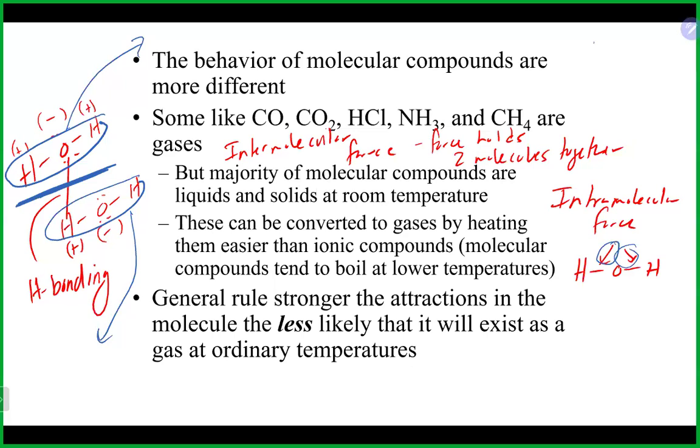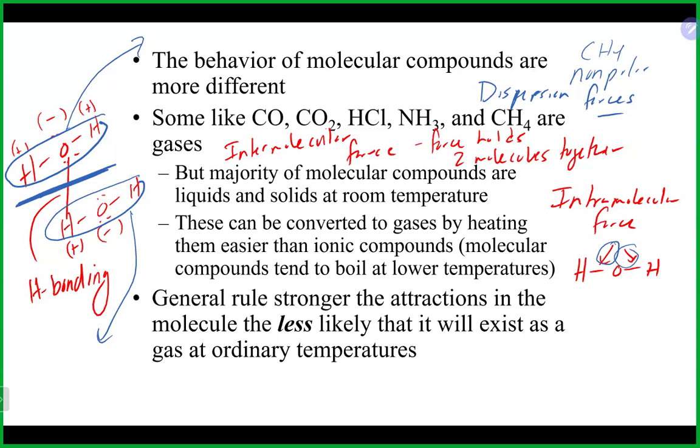Now, something like methane, which is CH4, is a nonpolar molecule. And because it's nonpolar, what it uses for intermolecular forces is what's known as dispersion forces. And dispersion forces are pretty much the weakest type of intermolecular force you could have. It's the weakest attraction between two molecules that you could have, so that pretty much, if you just look at it wrong, they're going to break apart and go away from each other.